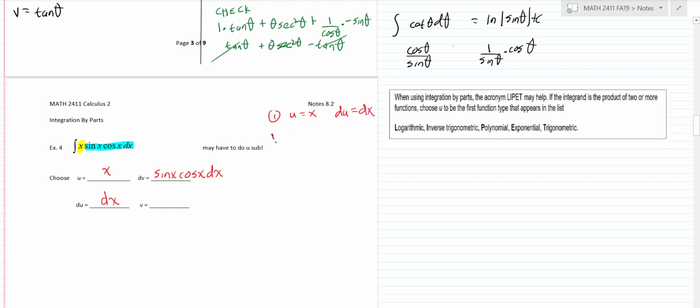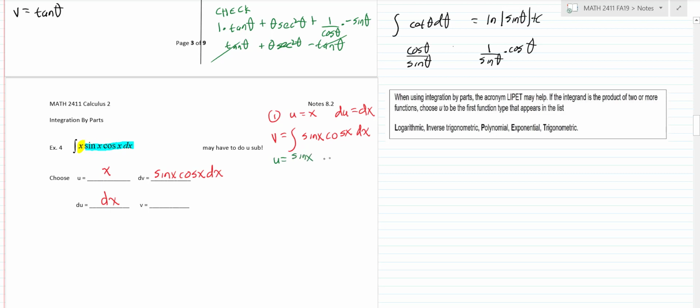Okay, now v is going to be the integral of sine x cosine x. So you could do a u substitution, and sometimes with a little practice you can even begin to do these things in your head. So I'm just going to do a u sub on this. What I'm going to choose to do is let u be sine, and the reason is because the derivative of sine is cosine x dx.